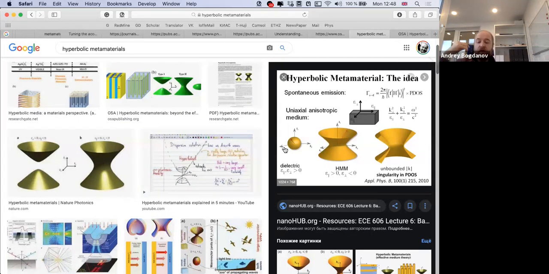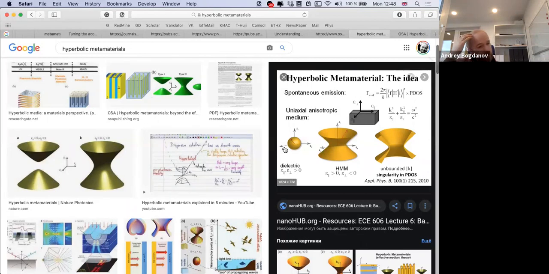This is why the radiation rate can be huge inside hyperbolic metamaterial. This enhancement of radiation, because we change the density of optical states of the environment, is called the Purcell effect. In Russian, эффект Парселла. And this enhancement is called the Purcell factor. In Russian, фактор Парселла.